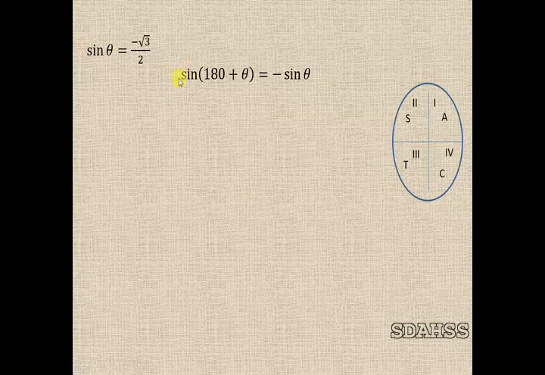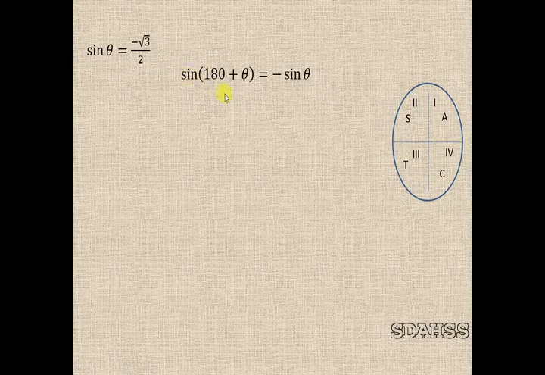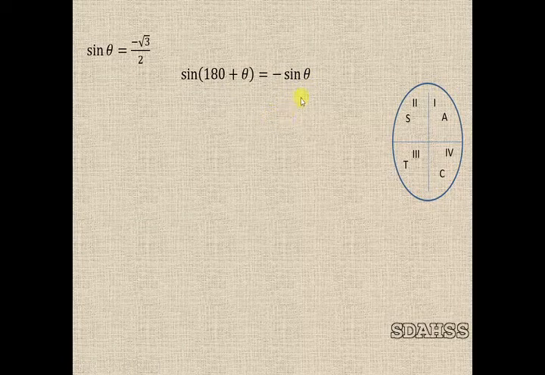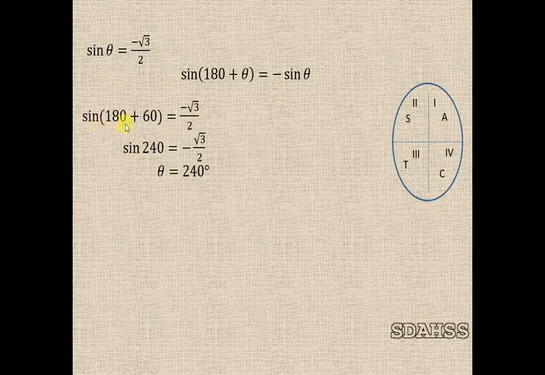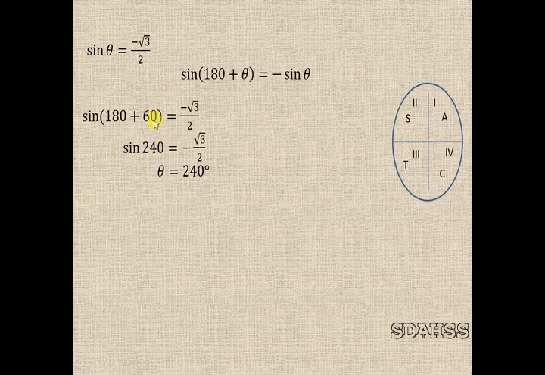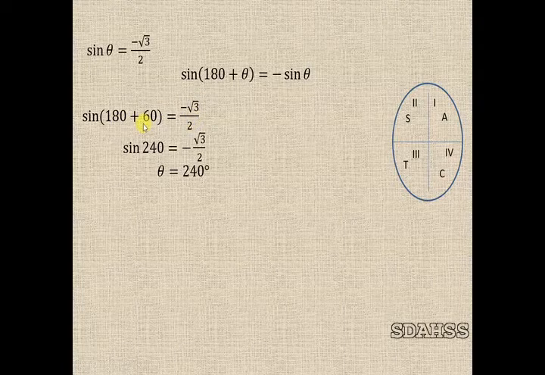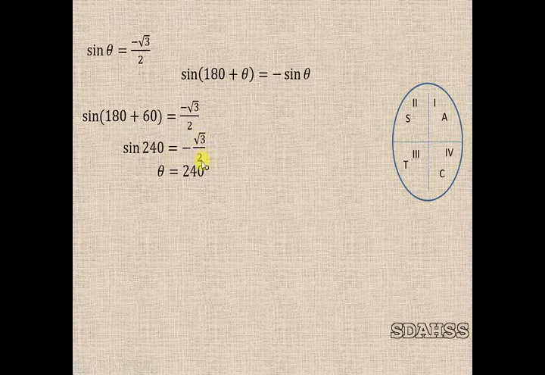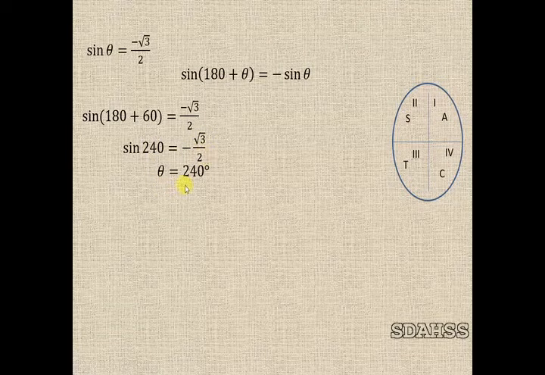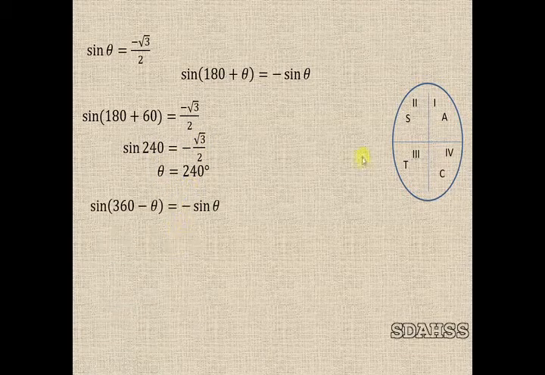For that we know that sin 180 plus theta is minus sin theta. So in the place of theta you can write 60. Sin 180 plus 60 is equal to minus root 3 by 2. So 180 plus 60 means 240. Sin 240 equal to minus root 3 by 2. So theta is equal to 240 degree.